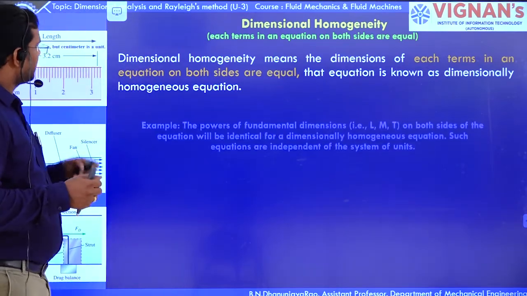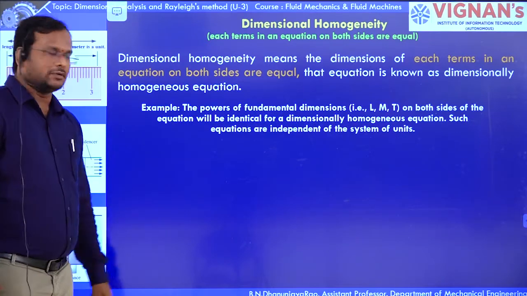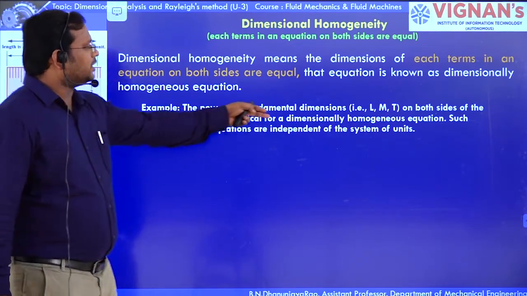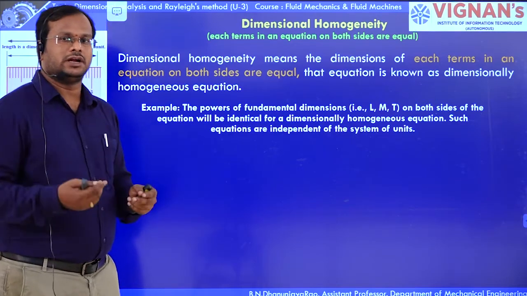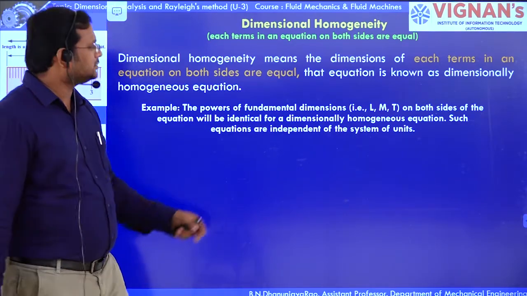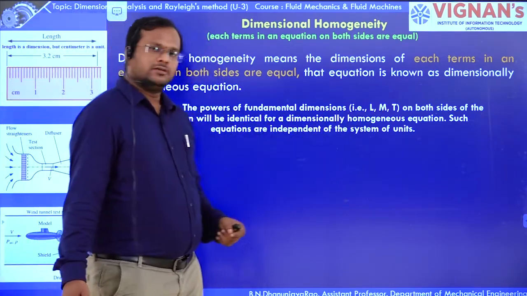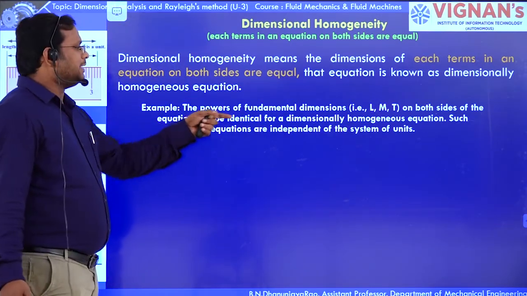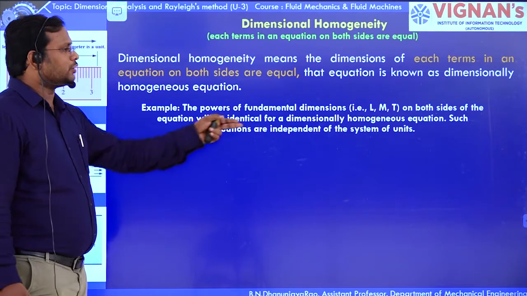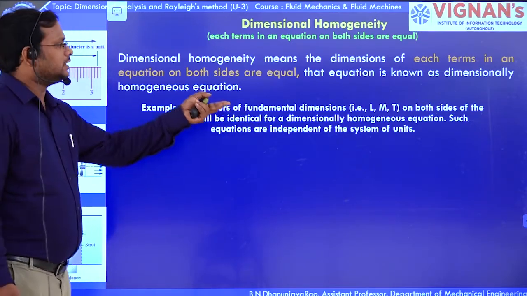Here is an example. The powers of fundamental dimensions, as we already know, L, M, T are the fundamental dimensions, on both sides of any equation will be identical for a dimensionally homogeneous equation.